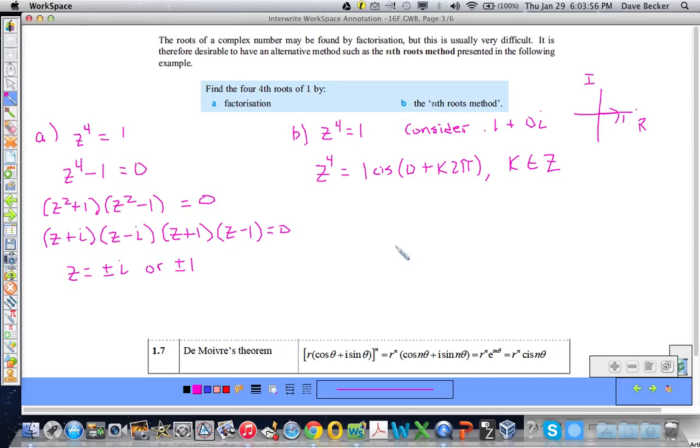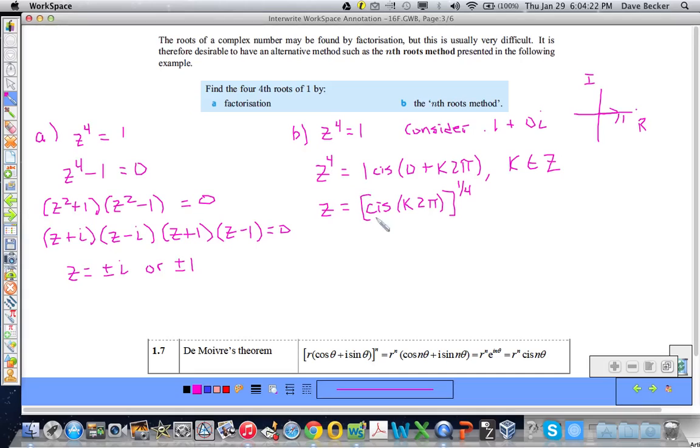So if I solve for z here, z would be equivalent to cis of k2 pi, and I better put brackets around this whole thing so as not to confuse, to the 1/4 power, taking the fourth root of both sides.